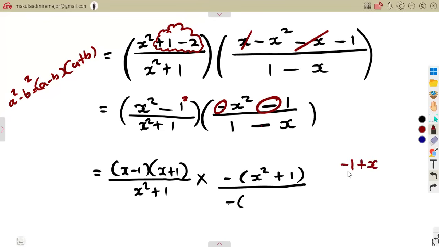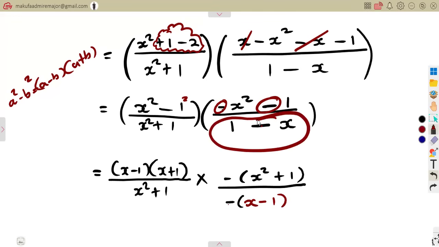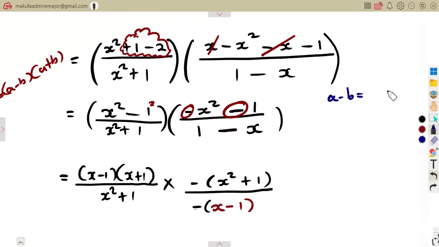But instead, minus 1 plus x is same as what? It is the same as x minus 1. So here we are just trying to rewrite the 1 minus x as x minus 1. Remember, I talked about that if you're watching those videos on algebra. So we can actually change that. A minus b is the same as minus b plus a, which is minus (b minus a).